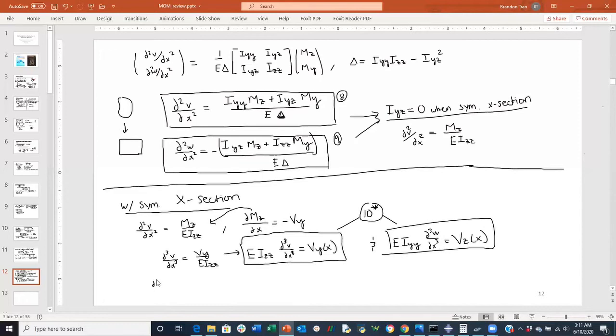Let's see, d. It's a power of 4 now. It's equal to negative distribution with respect to y. It's a function of x. Young's modulus. This part really is not that concerning.